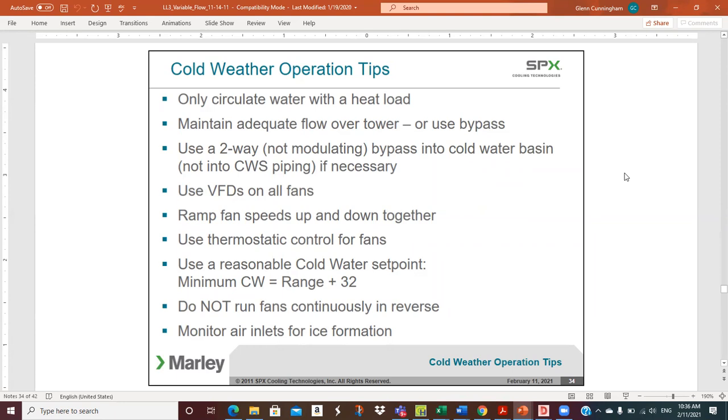Minimum cold water would be the range plus 32. If you had a 10-degree range, then your minimum set point would be 42. Do not run the fans continuously in reverse, and monitor air inlets for ice formation. So in really cold weather, keeping these cooling towers from icing up is important.